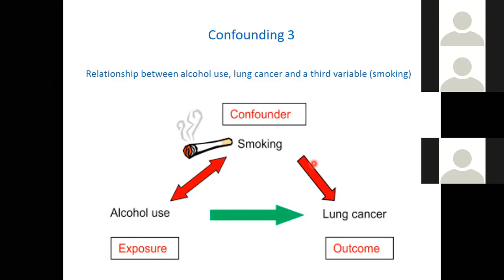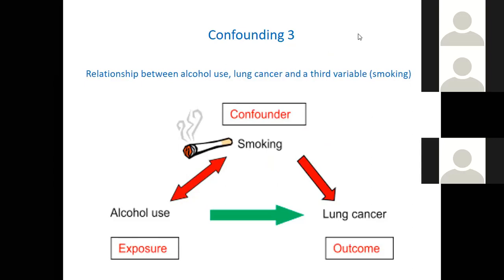Can you see the arrow? The arrow from exposure to lung cancer is a one-way arrow. From smoking to lung cancer, one-way arrow. But between smoking and alcohol is two-way. So if your exposure of interest is smoking, alcohol may serve as a confounder in that sense.